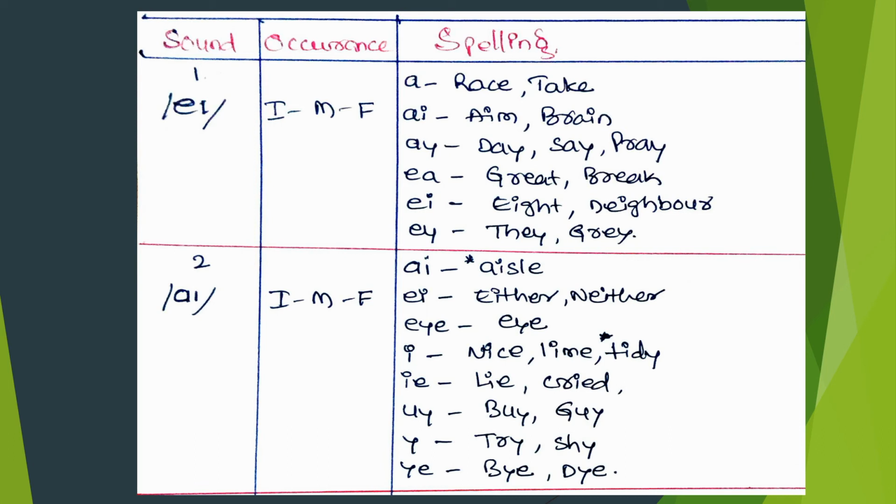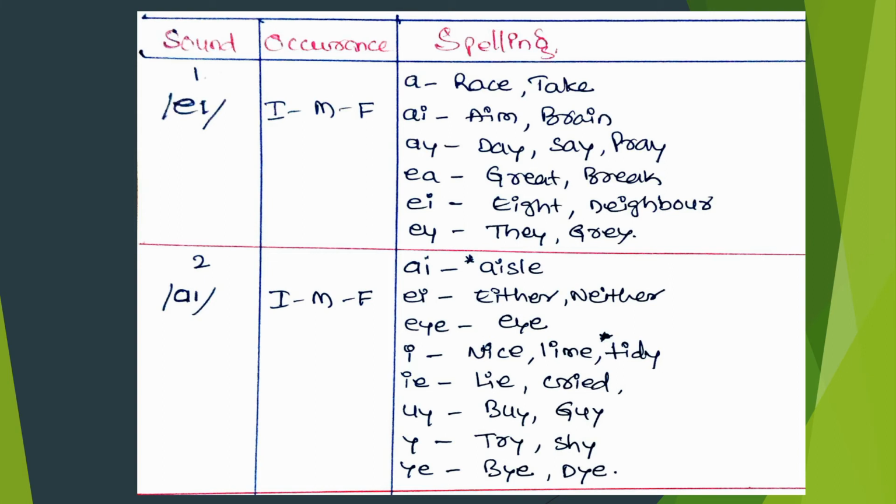Please note down A. It is described as glide from a front unrounded vowel just below half close to a centralized front unrounded vowel just above half close.